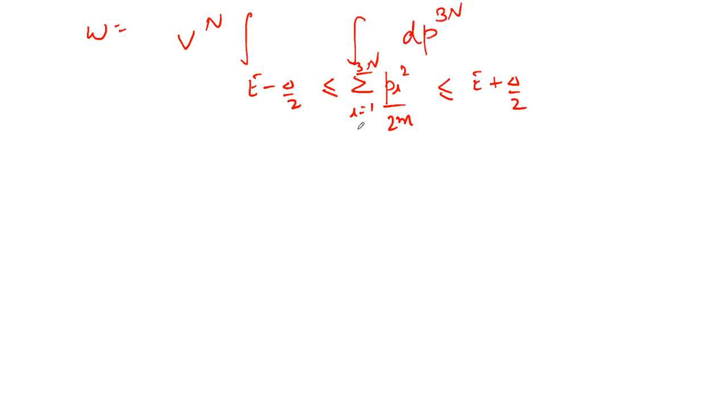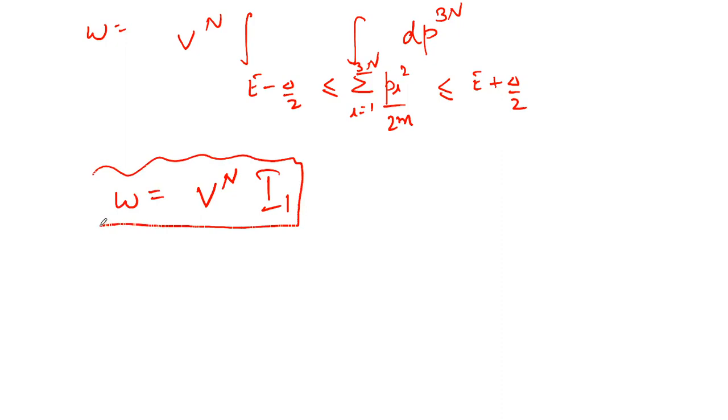This is the prime value where our integration lies within this limit. Solving for this case, we get the value of this total volume as V raised to the power N into I1. Let us say this is equation number 1. So we need to solve for the value of I1.